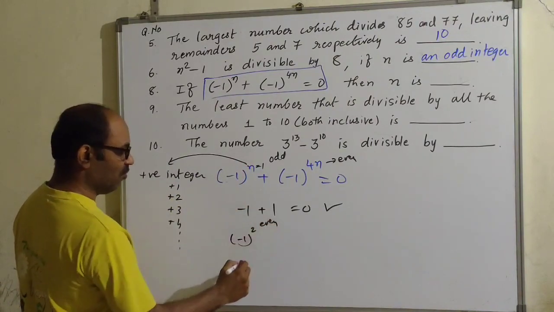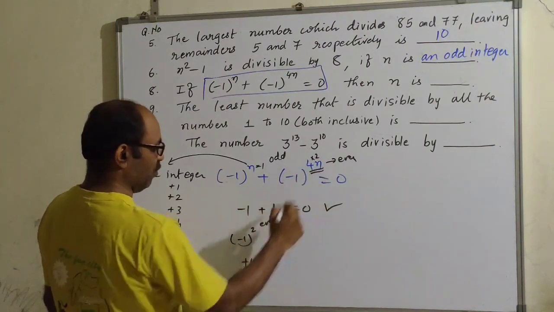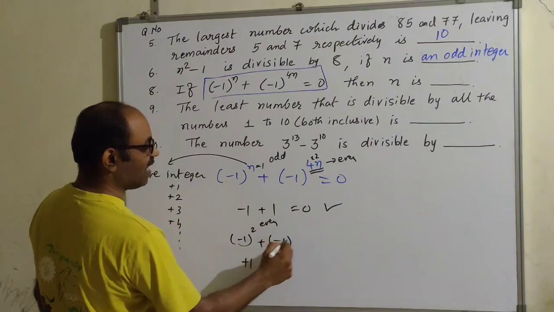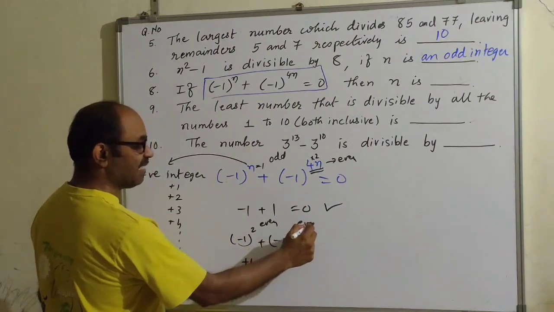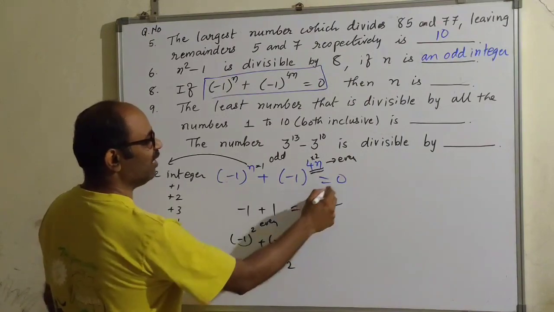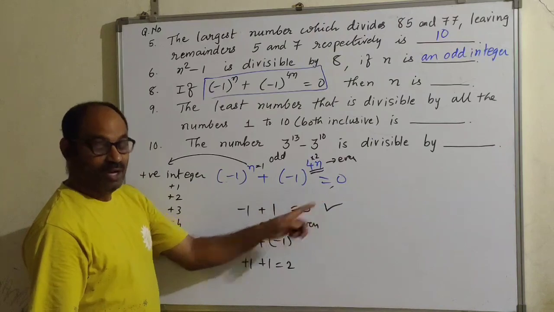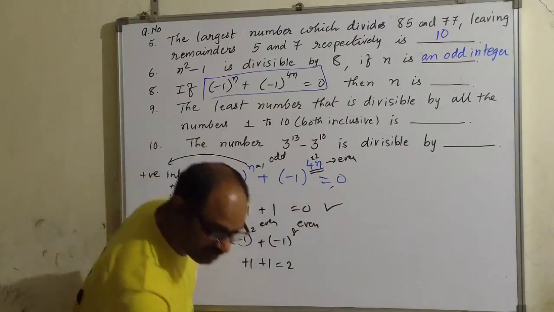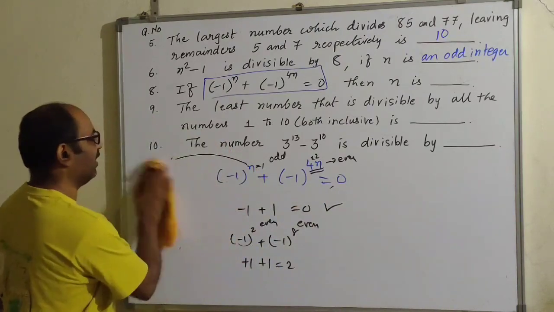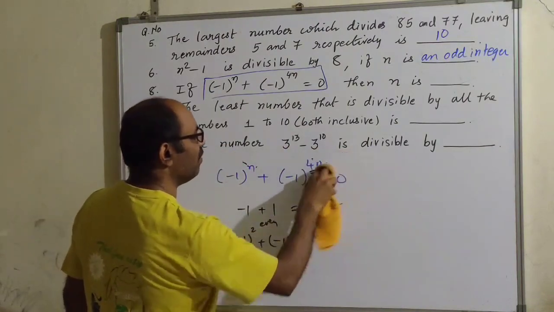Index is even, so the value would be plus 1. Here, the index would be minus 1 raised to 8. Again the index is even, so the value would be plus 1. 1 plus 1 is 2. So it will not be equal to 0. It will be equal to 2. So you can't take positive integer. Children, it's very simple actually.